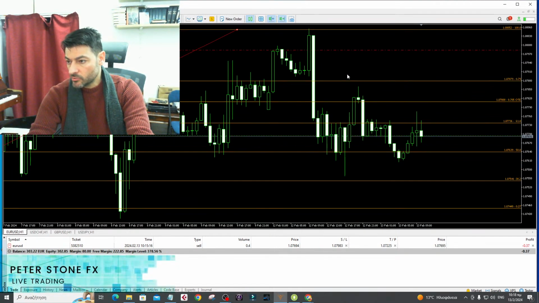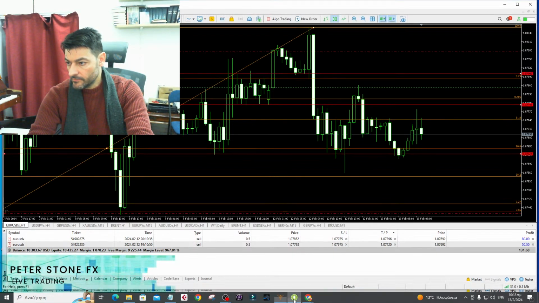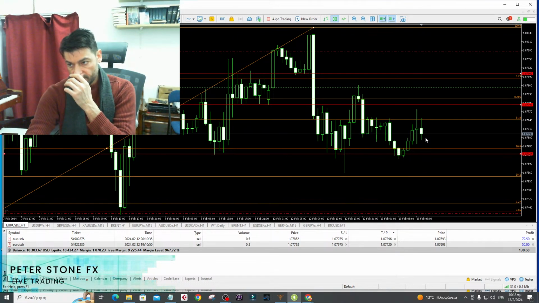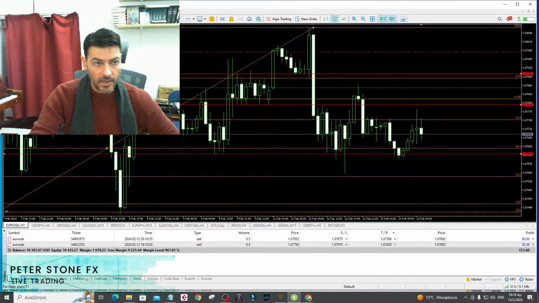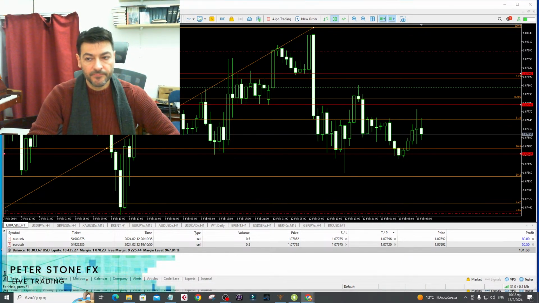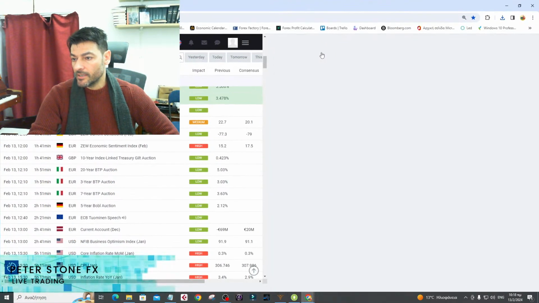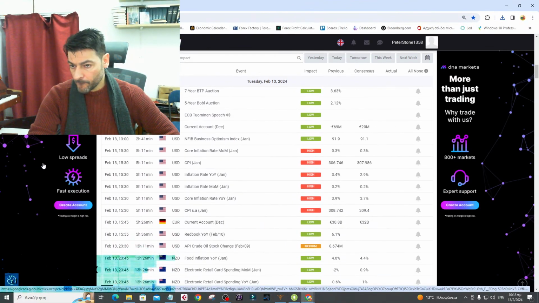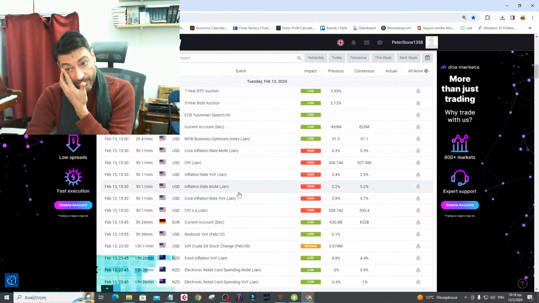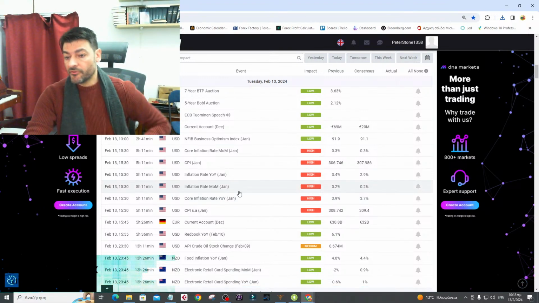So yes, as we see, it's going great. I see volume in this candle. The whole image is bearish, but for sure it's still early because we are expecting volatility. So here is the economic calendar. We have high impact news at 3:30.